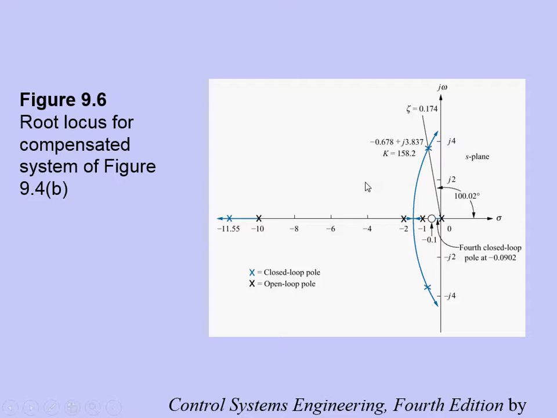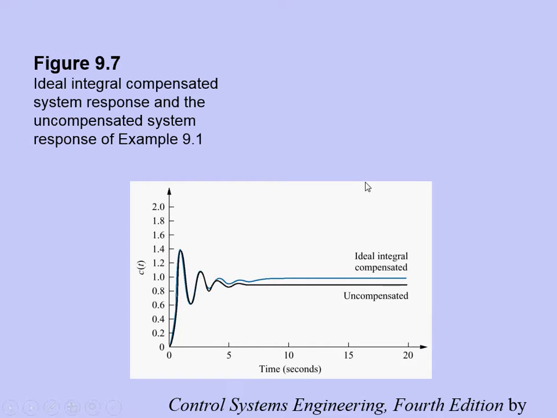And you'll see that the uncompensated system will respond like this, but the second one, which has the control, will respond like that. So depending on what you want to do, you can put one compensator or another.